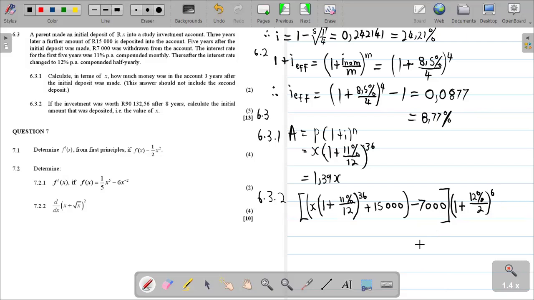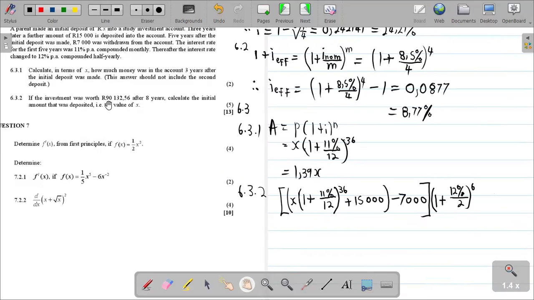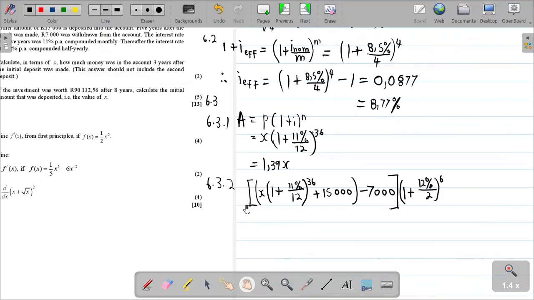And then all of this will be equal to, they gave us an amount here of 90,132.56.